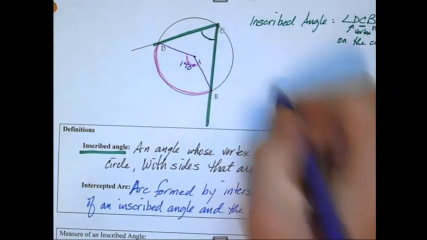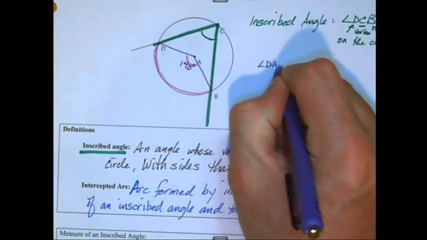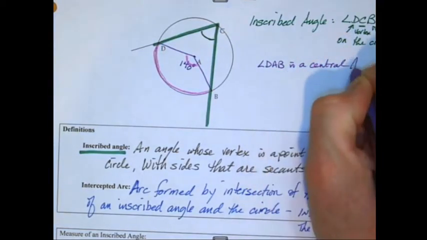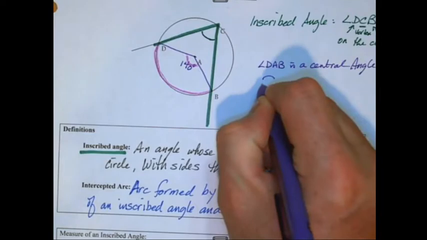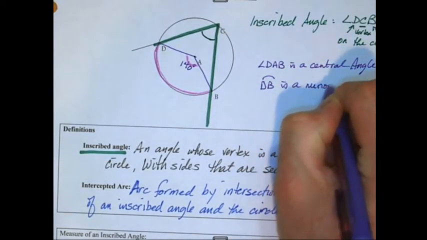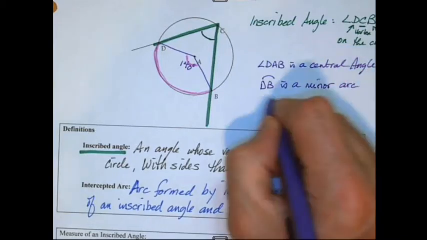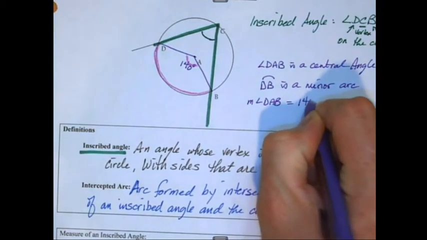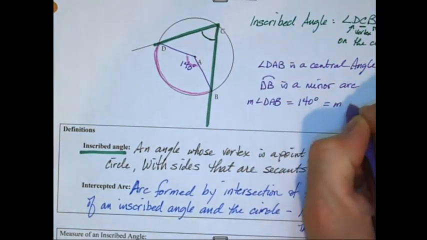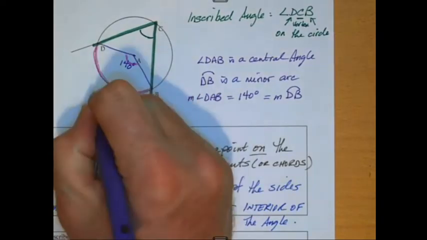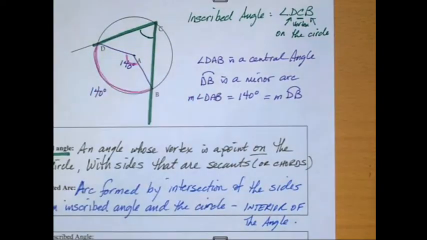Angle DAB is a central angle. Arc DB is a minor arc. If the measure of angle DAB is equal to 140 degrees, then that is also the measurement of the minor arc DB. So this would be 140 degrees.